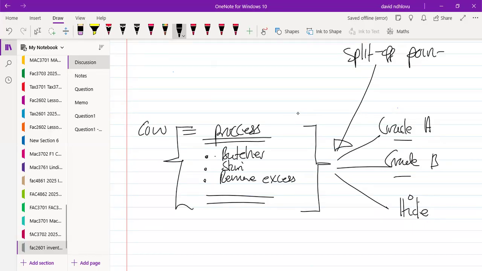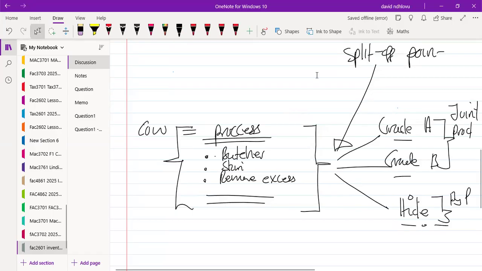Then you have the hide. Now these two here, by nature, will be joint products. And this will be a byproduct. Now you can see that the high value products are the grade A meat and the grade B. The hide can have a market, but it's not high value.